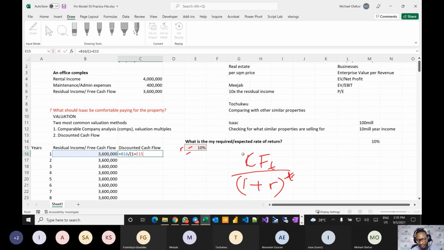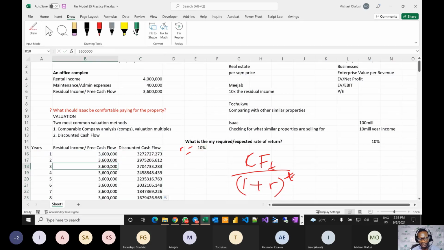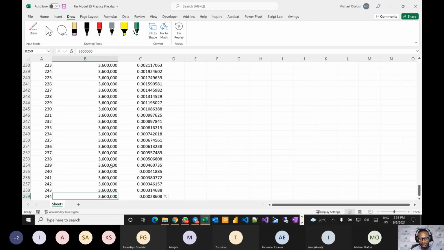I'm going to make this absolute because I don't need it to drag. Then raised to power how many periods into the future. So in this case, 1 year into the future. This gets us the value for today. And if I drag this down, I will get what the value will be.